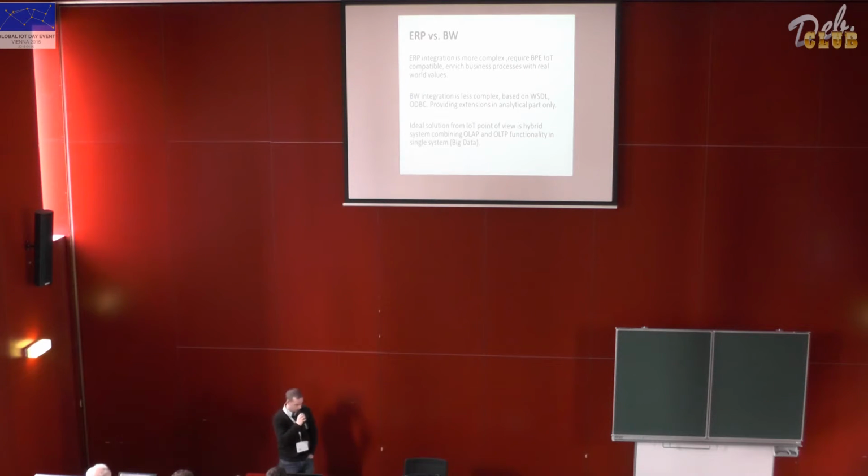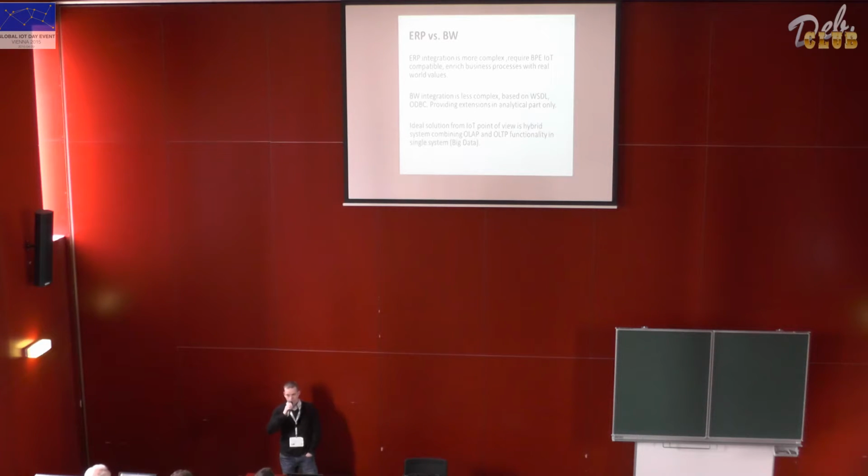So what about integration into the existing IT system? Every company has the ERP system because that's the system where the business process engine is running and where our business processes are implemented. And most companies have the BW system. So that's the question: where to integrate the business process?